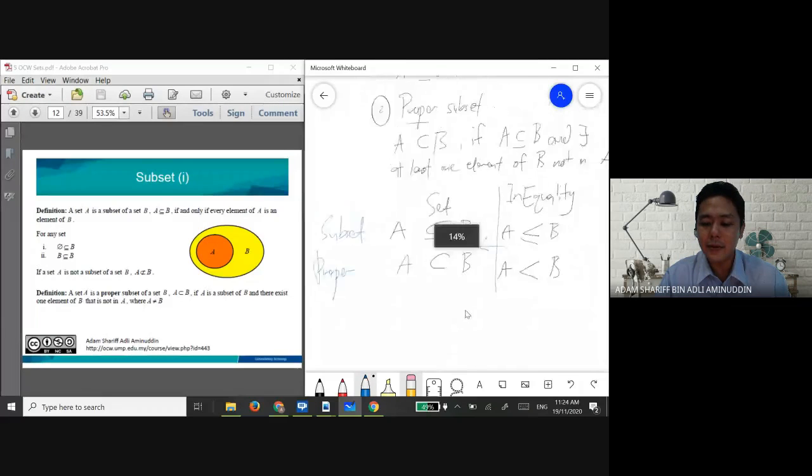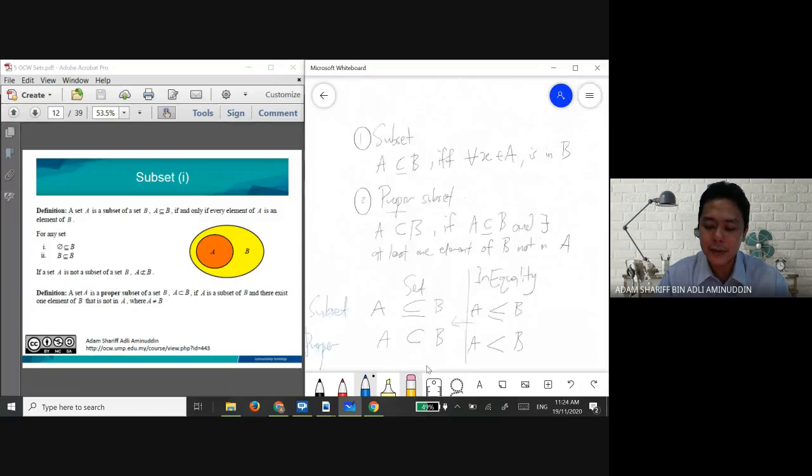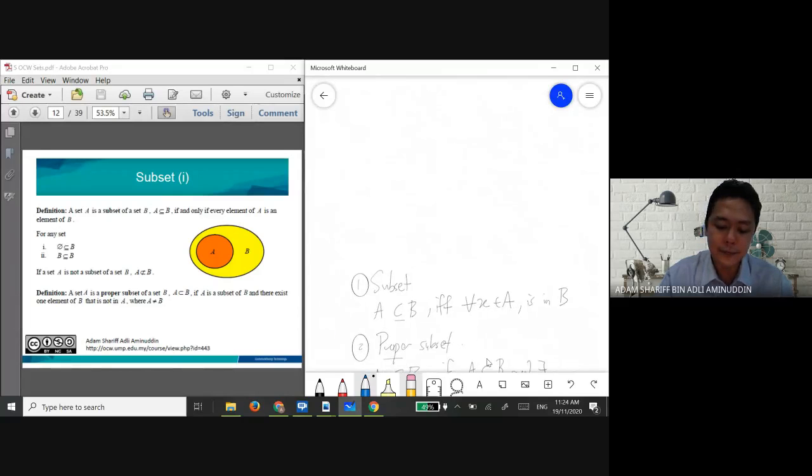So, let's look at the previous example. Yang mana saya dah padam. Saya tulis balik. Okay, A just now is 1, 2, 3 and B is 5, 4, 3, 2, 1.